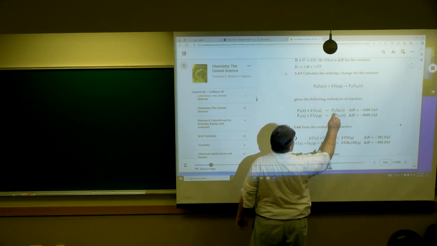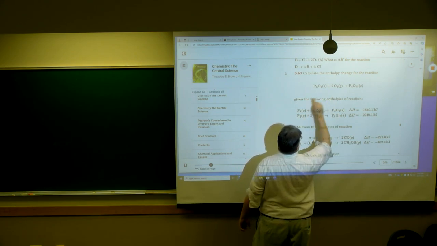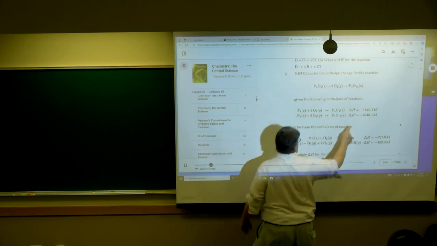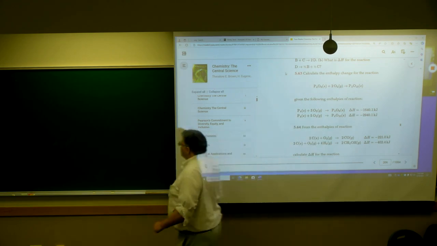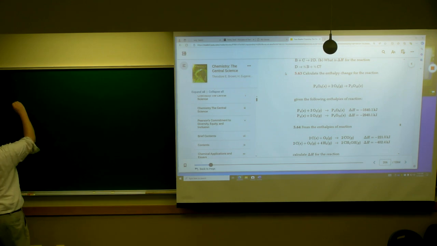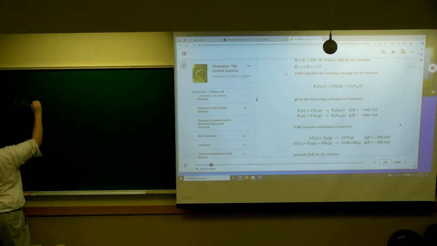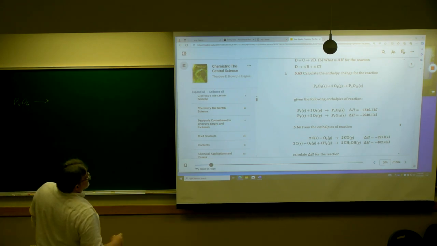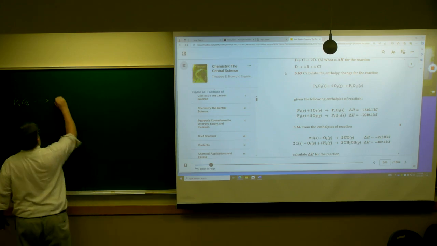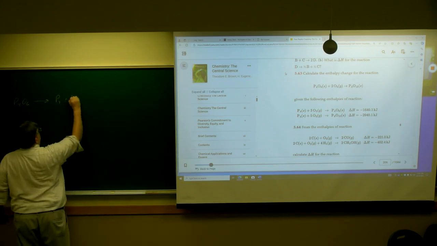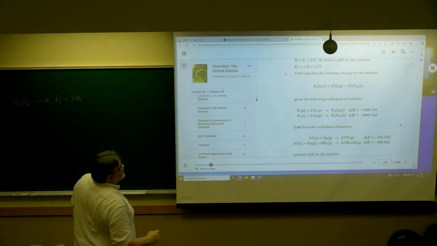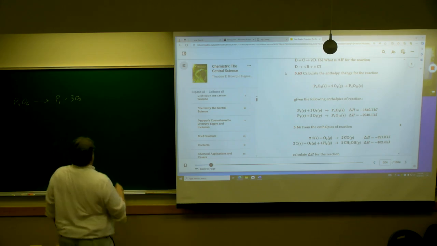P4O6, there's P4O6, but it's got P4O6 on the right. We need it on the left. So I'm going to take this one and flip it around backwards. When I do that, I change the sign. So P4O6 goes to P4O3O2, and I change the sign, so I'm going to write 1640.1 kilojoules.